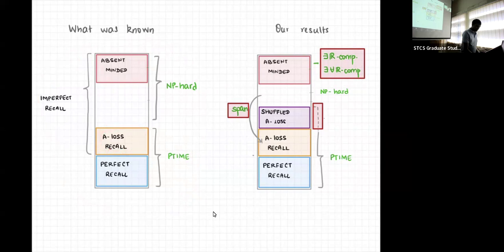This ALOS has become a bit more: there's a shuffled ALOS coming in, which is also P time. And finally, the middle portion is not left out. You can say something about it, which is that anything here can be reduced to an ALOS game, albeit it could be a bit bigger. So somehow we have tightened the picture about imperfect recall games. So this is the overview.